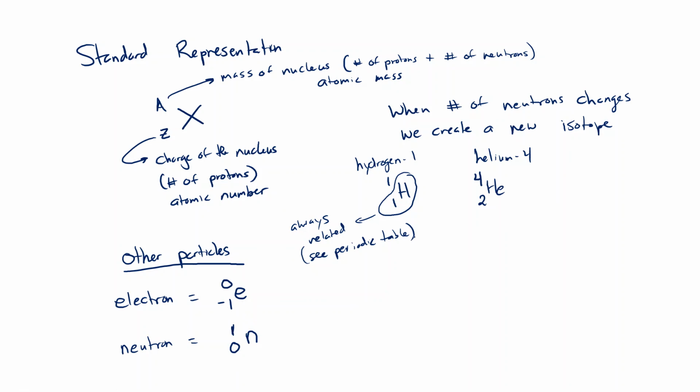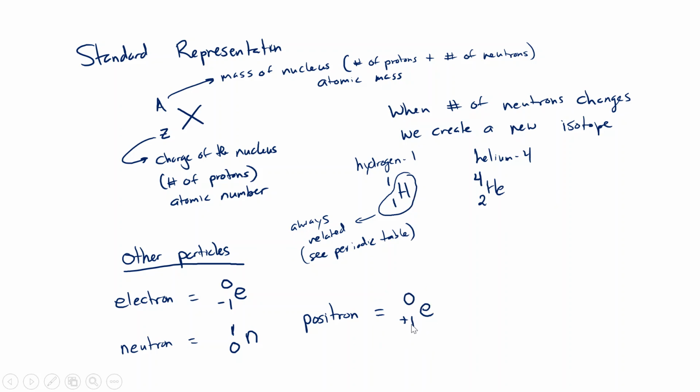Now, there is one more that kind of breaks all these rules, so I've saved it for last, and that is the positron. The positron is the opposite of the electron. You have the opposite charge, but you still have no mass. And so a positron is a +1 charge with no mass. It's not a proton, so it's not a hydrogen nucleus. So this is kind of the exception to the rule.